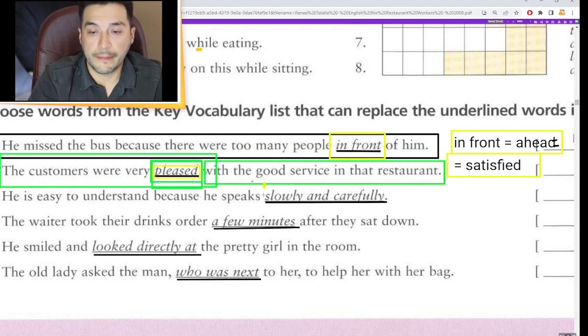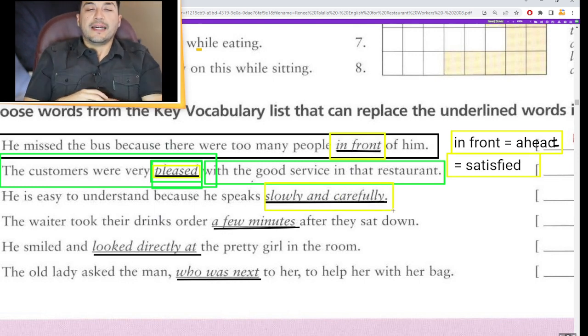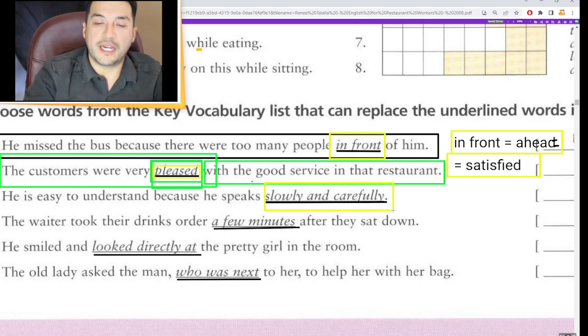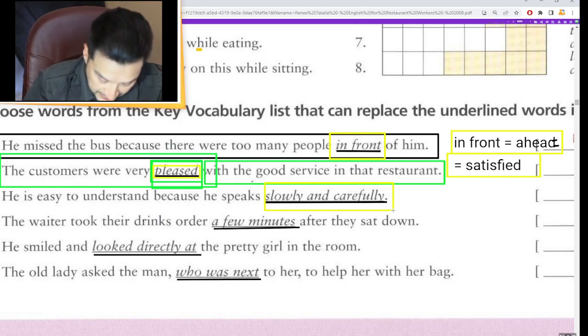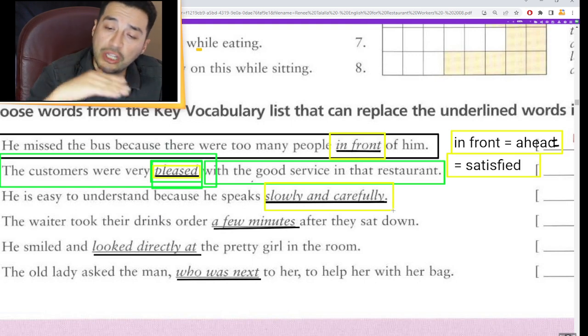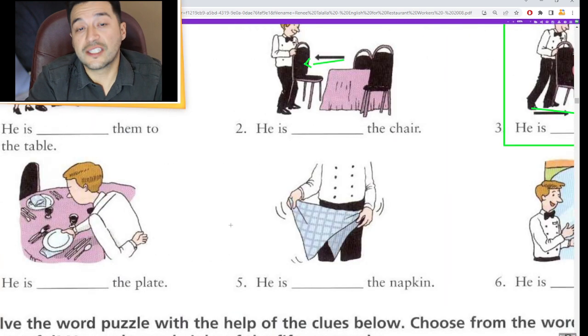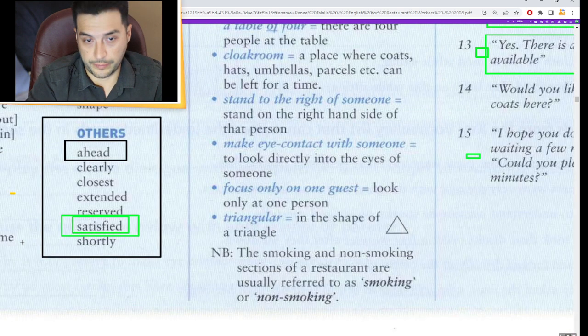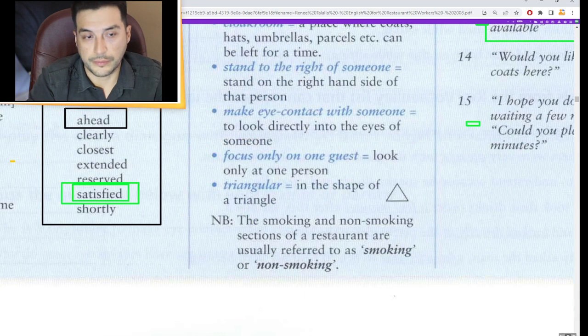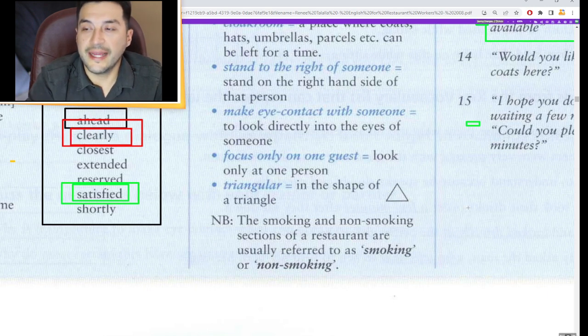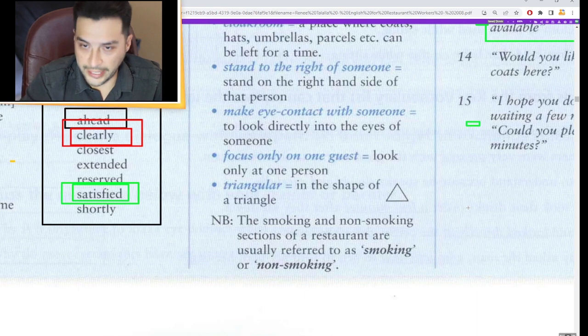Number 3, slowly and carefully. He is easy to understand because he speaks slowly and carefully. He speaks clearly.